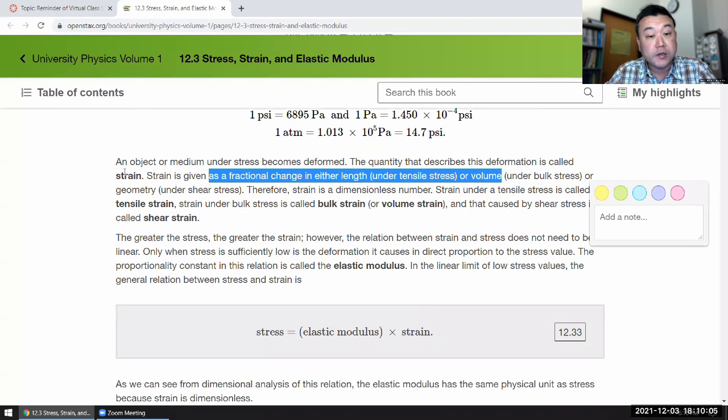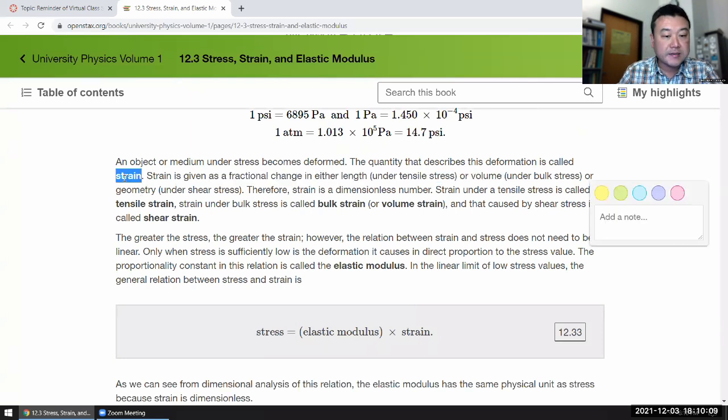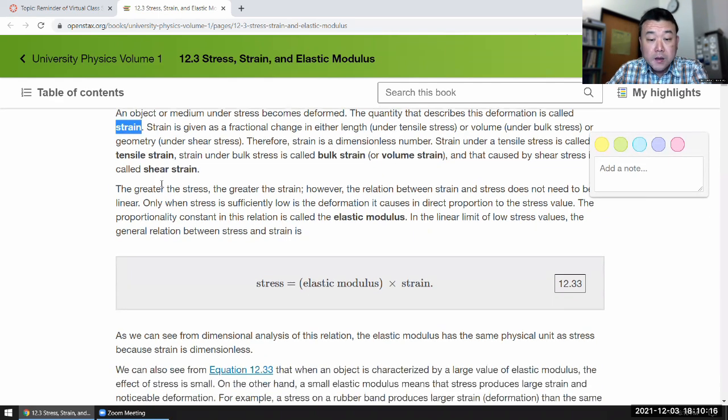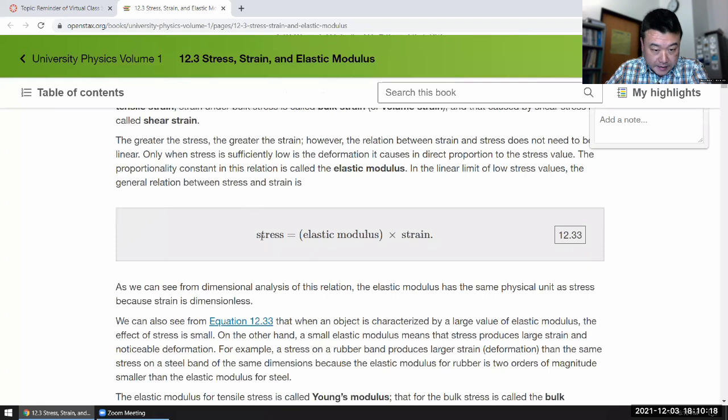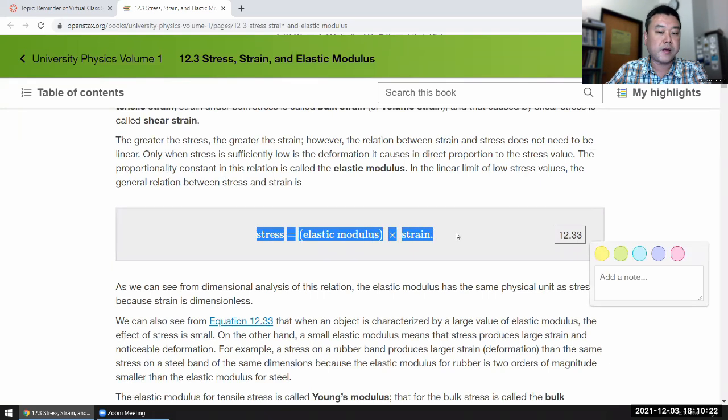So strain is a unitless quantity. Stress has a unit of pressure, and strain by its design is a unitless quantity that tells you by what fraction it's changing.